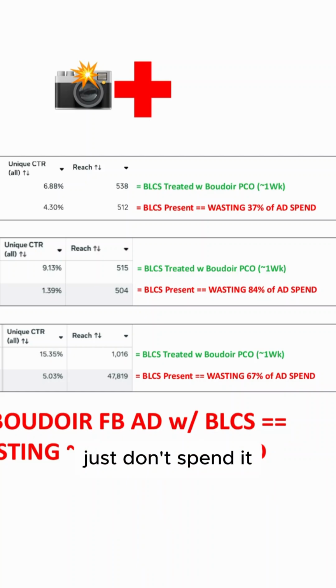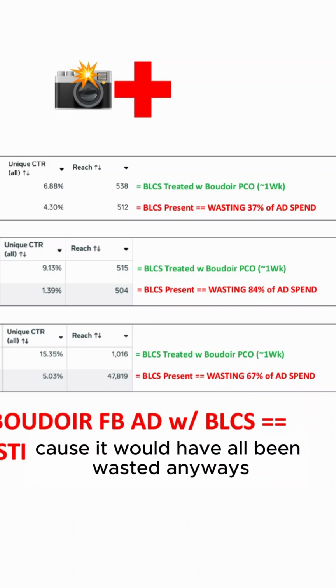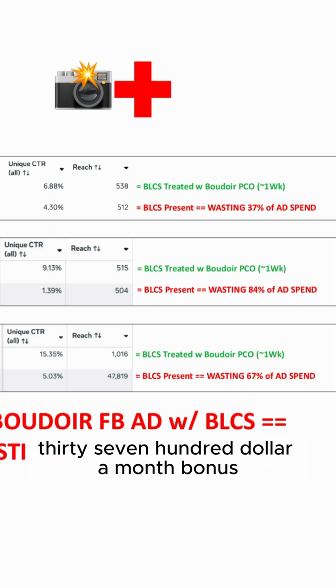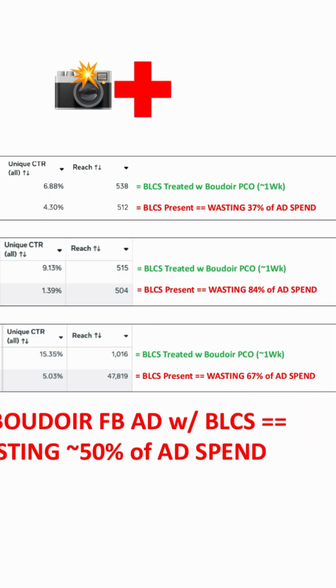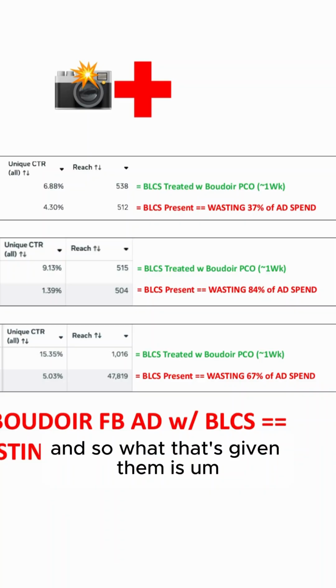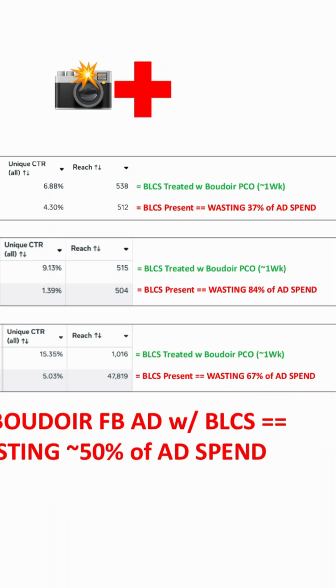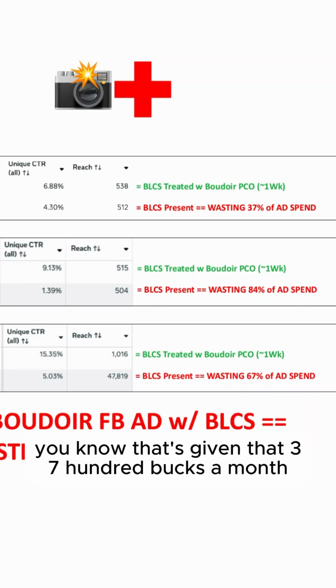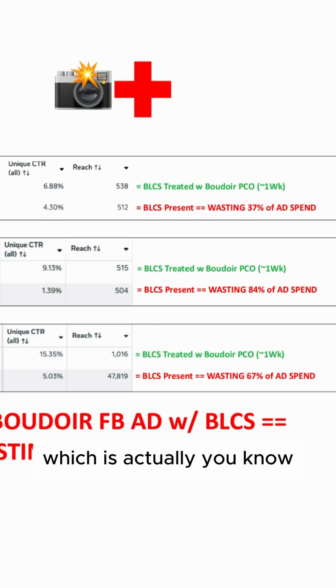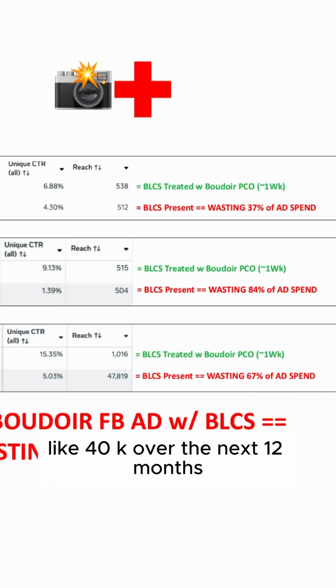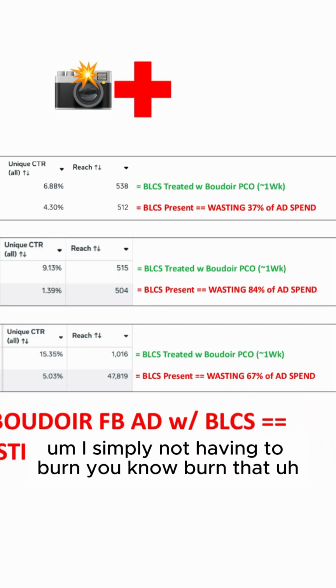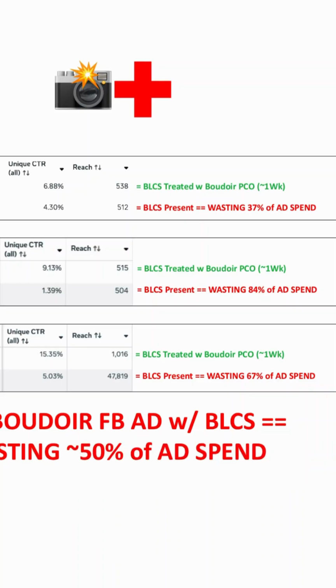They just don't spend it because it would have all been wasted anyways. And kind of a bonus, $3,700 a month bonus. That's giving them $3,700 a month, which is actually like $40K over the next 12 months, by simply not having to burn that cost.